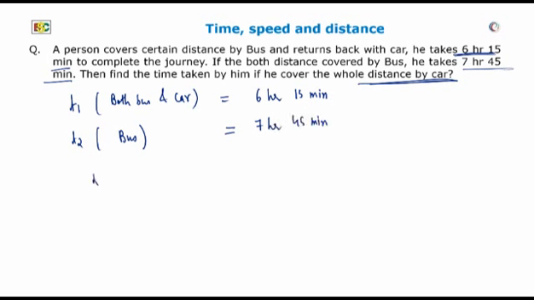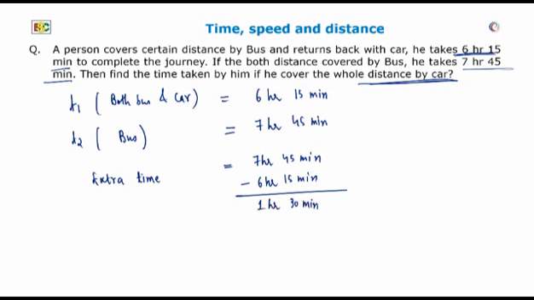It means extra time he is taking is equal to 7 hours 45 minutes minus 6 hours 15 minutes, that is 1 hour 30 minutes. It means the same person is taking 1 hour 30 minutes extra if he is going only by bus.